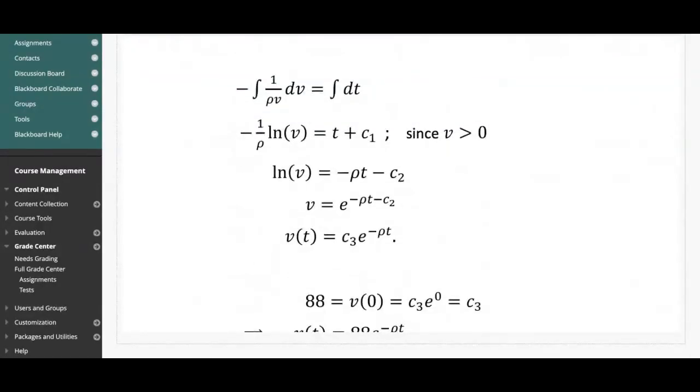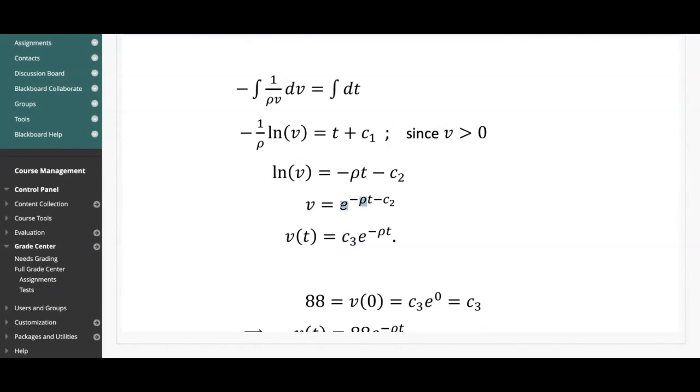You see where it says v equals e to the power of negative pt minus c2? And in the next one you have a c3, because that's what I did in my example, and you said that c2 doesn't equal c3. So why is it there? Can you tell me why it's c3? I don't know, so I'm asking you.